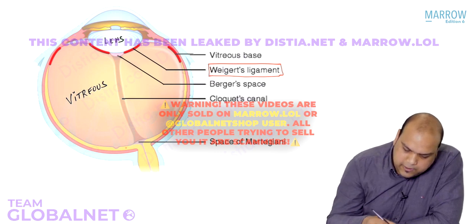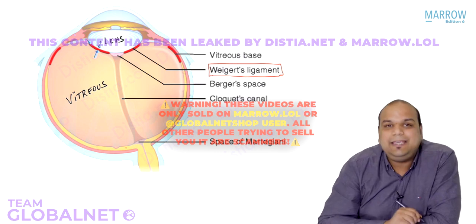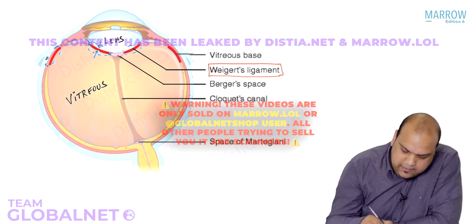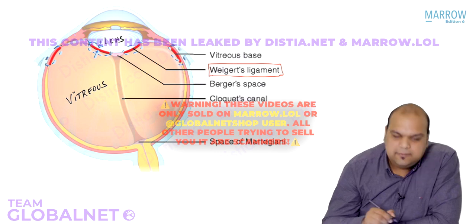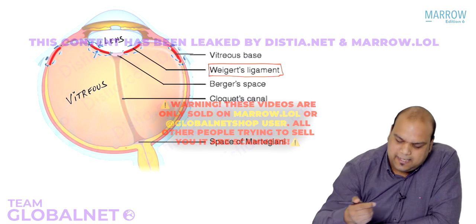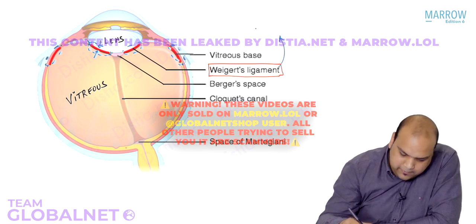So the posterior surface of the lens, this surface, everybody, is attached to the anterior surface of the vitreous in these areas, as is denoted by the red lines here. So these areas where the lens posterior surface and the vitreous anterior surface are attached, it is called Weigert's ligament. So what is Weigert's ligament?